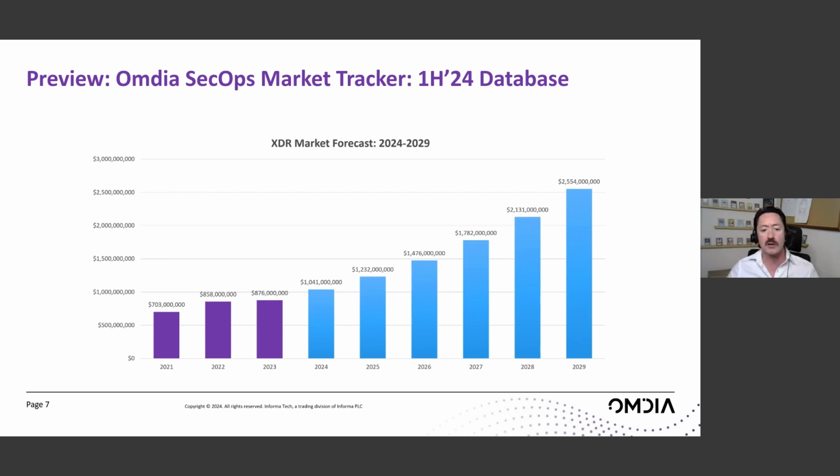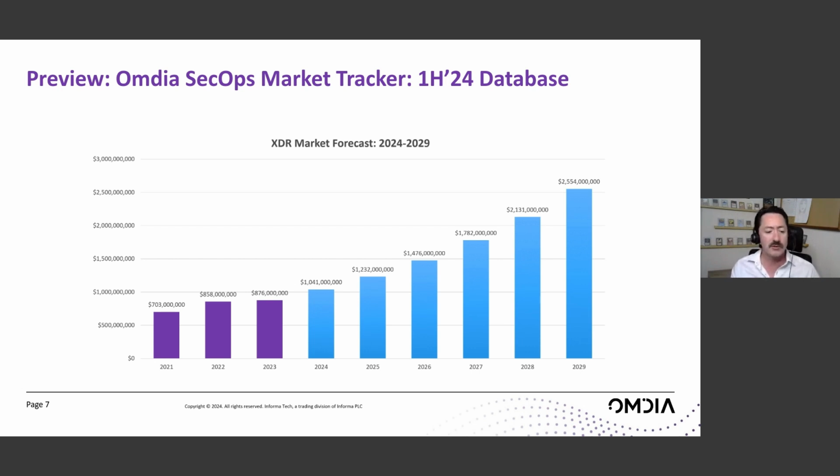Okay, real quick view here. Won't spend a lot of time on this. This is a preview of our just about to publish Omdia Cybersecurity SecOps Market Tracker database for the first half of 2024, covering data through calendar year 2023.